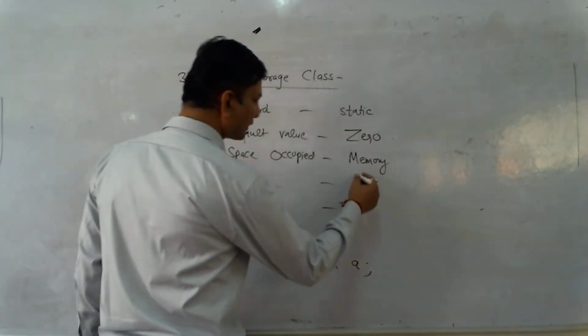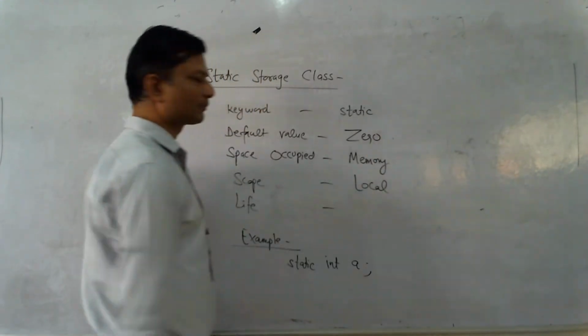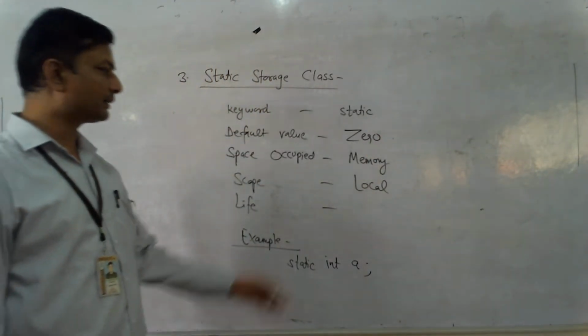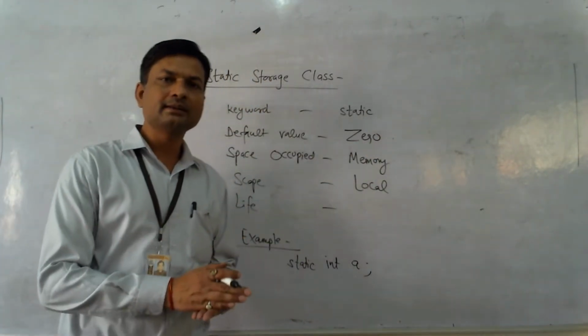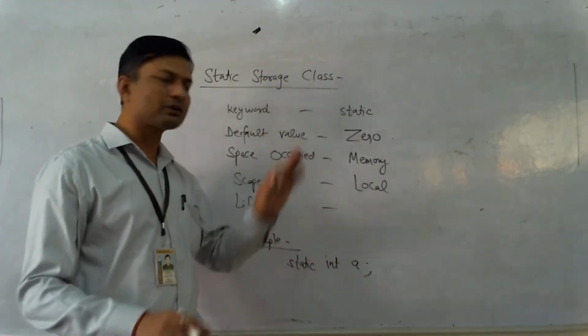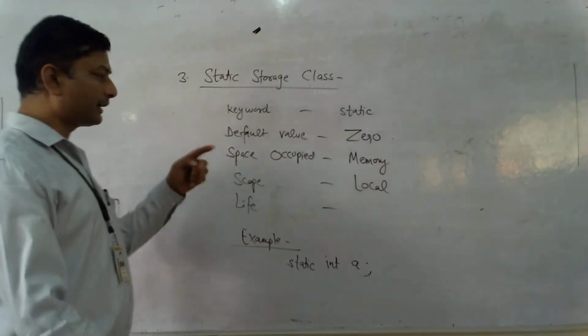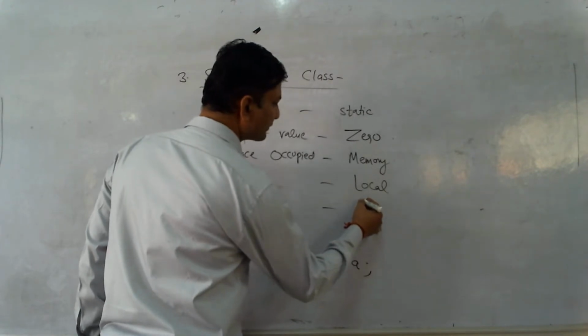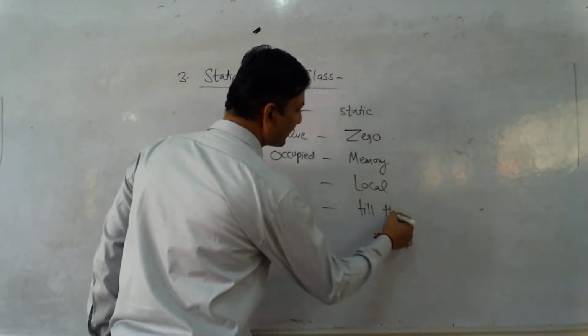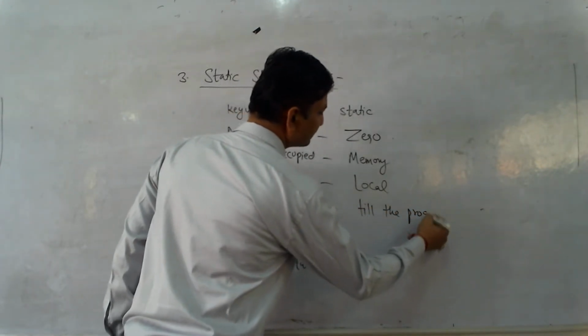Its scope is local. It's similar to automatic and register storage class. Its scope is also local. Life, but this variable will exist till the program ends.